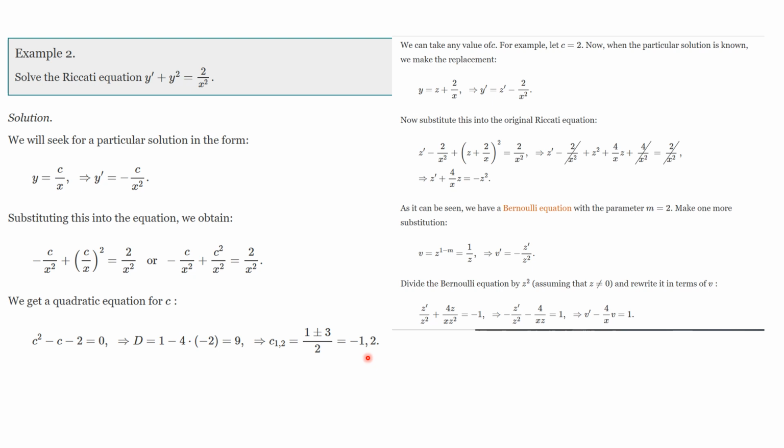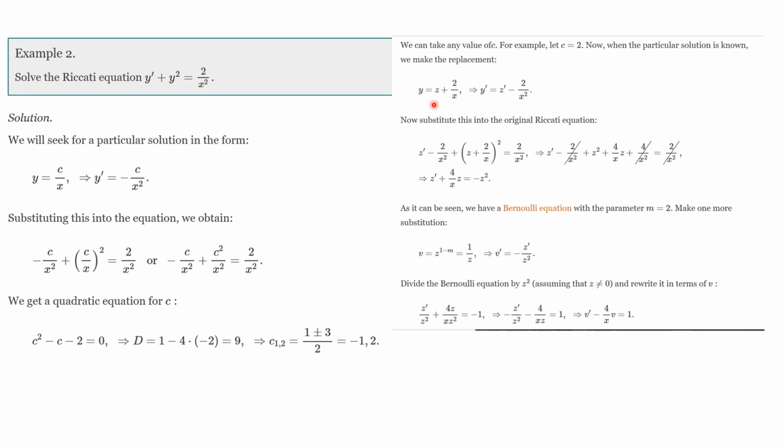We can take either value of c, minus 1 or 2, but let's take 2 so we don't have to deal with a minus sign. Now what we're going to say is this solution, 2 over x, added to the general solution, is a solution of the Riccati equation. If this is what y is, this is what y prime is, again taking the derivative with respect to x.